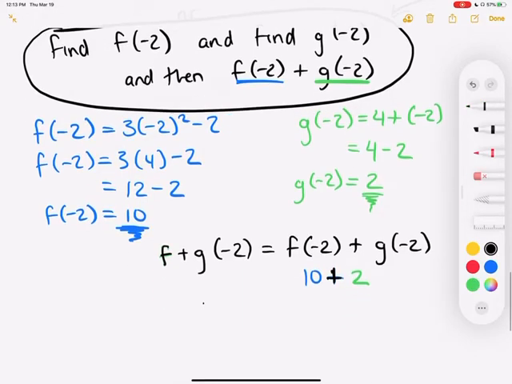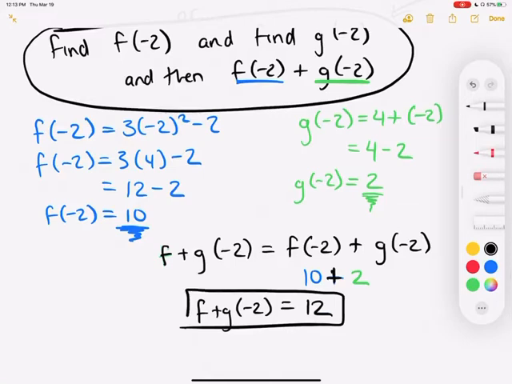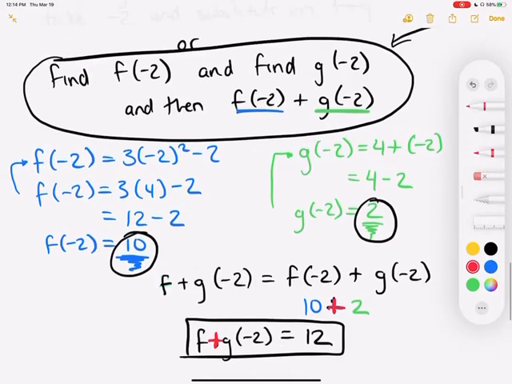So we can say that the final result, f plus g of -2, is equal to 12. Find f of -2 first, then find g of -2. Once you have both results, the problem says add them up. That's how I'm going to reach my result. This is for the addition of two functions.